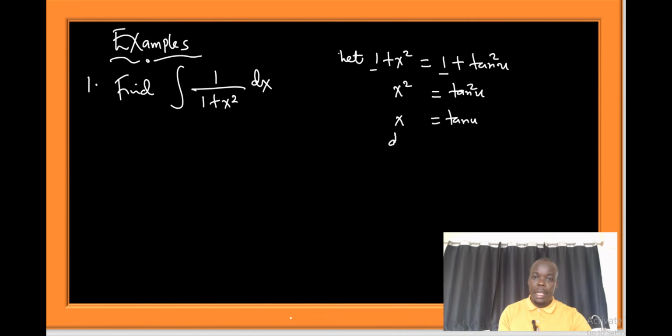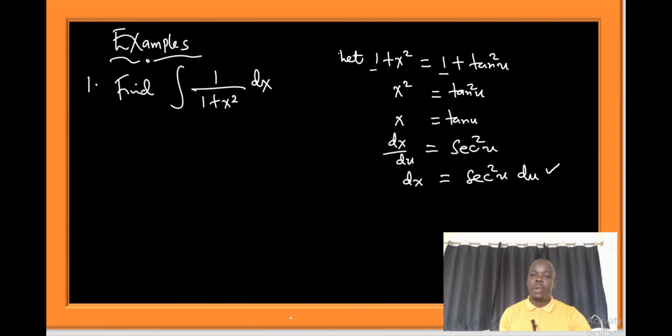From this level, you differentiate x with respect to u. That means I can look for dx du, which gives me sec squared of u. If that is the case, I make dx the subject, and therefore it will be sec squared of u du.